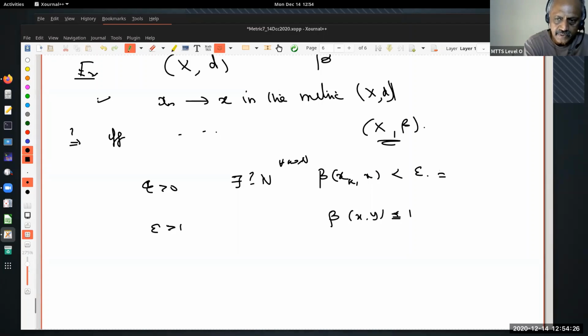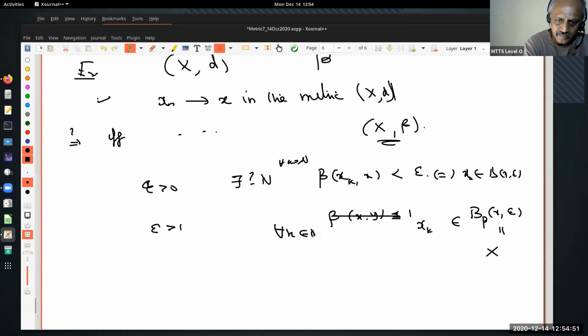This is the same as saying x_k lies in B_beta(x, epsilon), alright? But if epsilon is greater than 1, we already saw B_beta(x, epsilon) is nothing other than the full space. Therefore, certainly, I do not even choose an n. For every k, x_k will lie here. This is for every k natural number. Do you understand this?